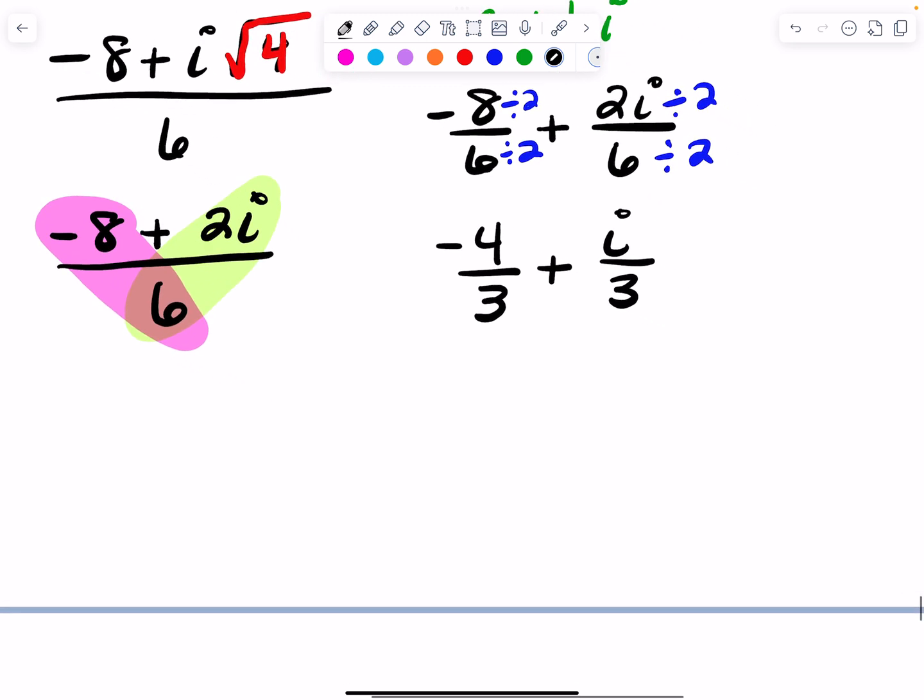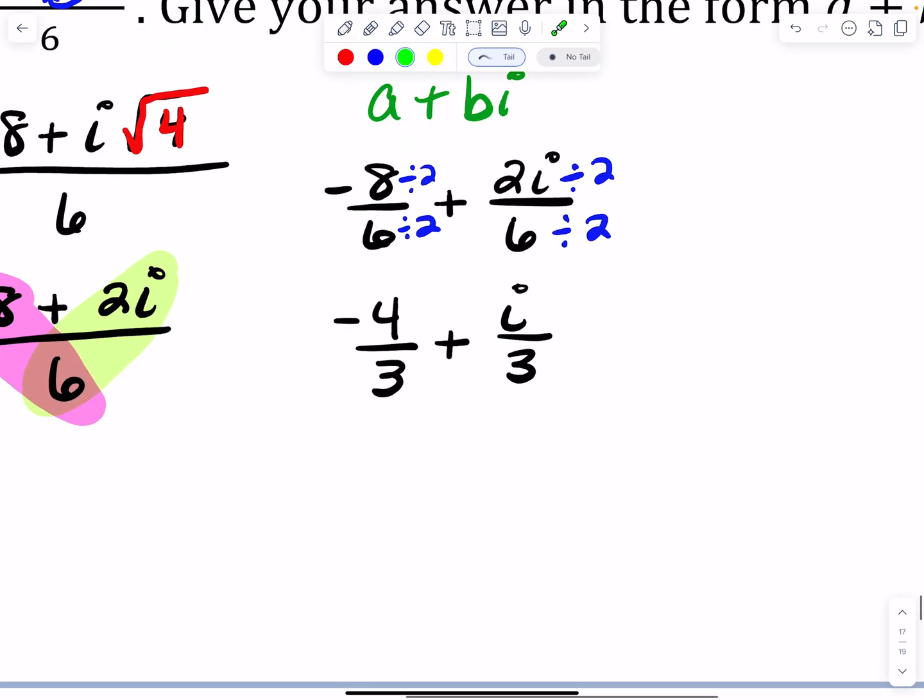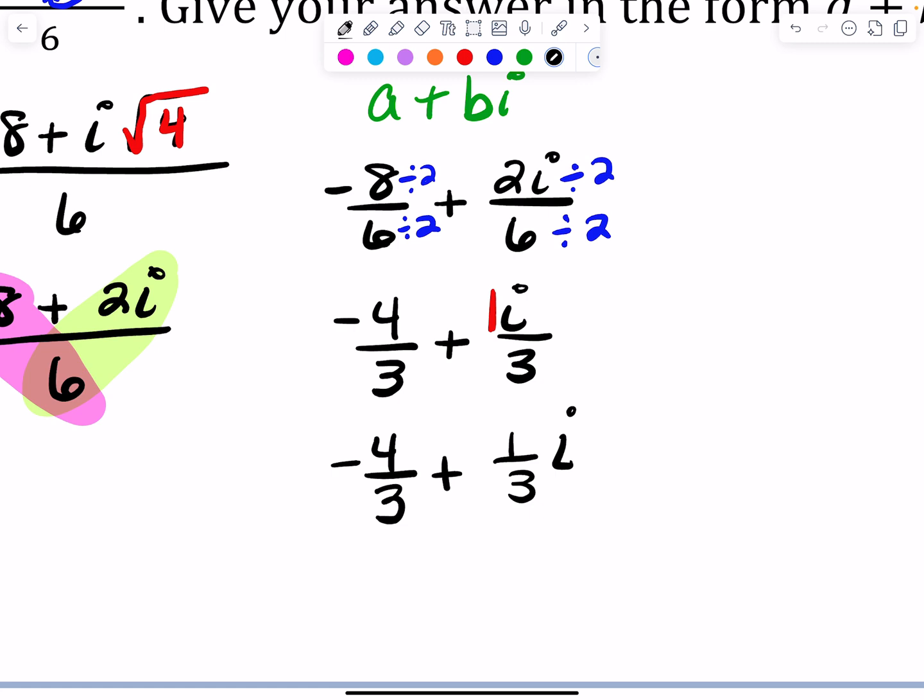Now, this is 2 divided by 2 here, and that's going to equal a positive 1. And since we needed an a plus bi, we're going to write it as 1/3 with the i next to it.